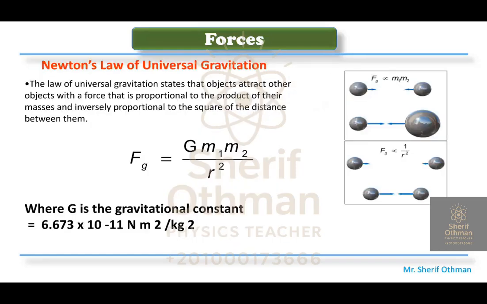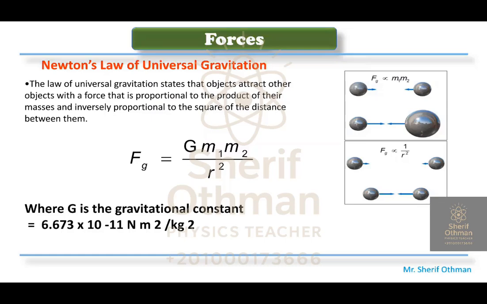Newton's law of gravitational force, or universal gravitation. Any object that has a mass has its own gravitational force. So me and you, every one of us, each object that exists in this universe has its own mass, has its own gravity.